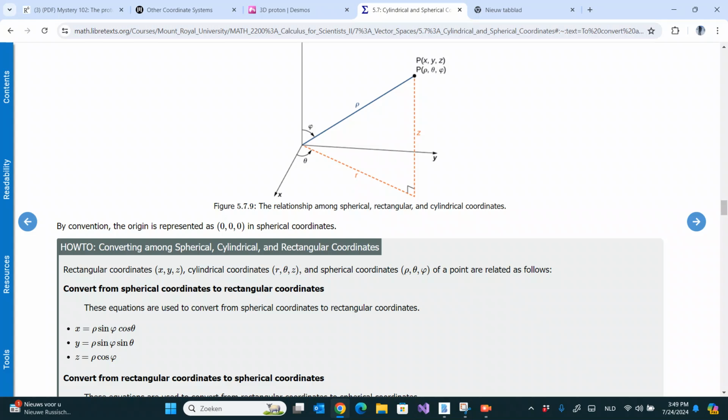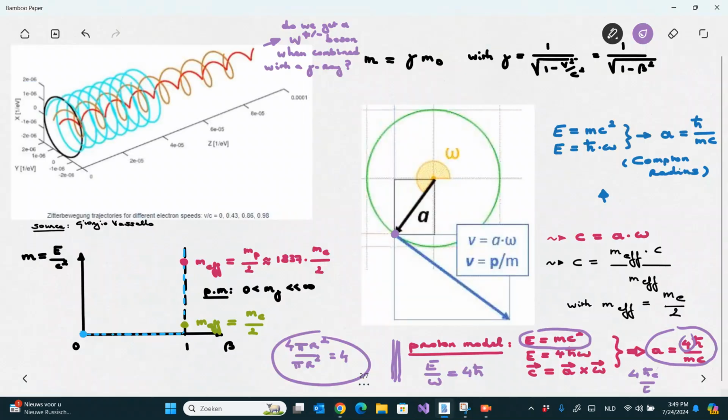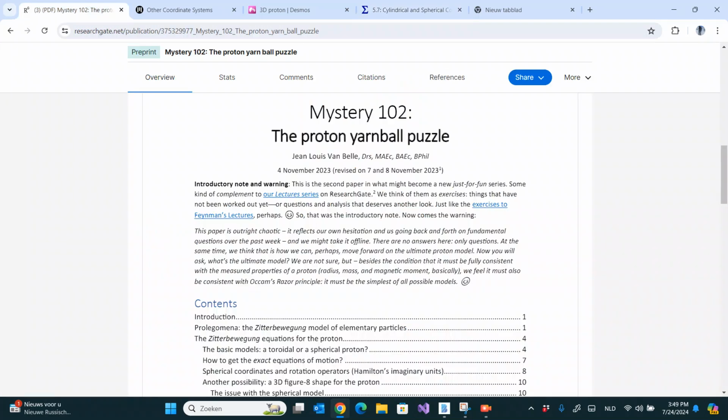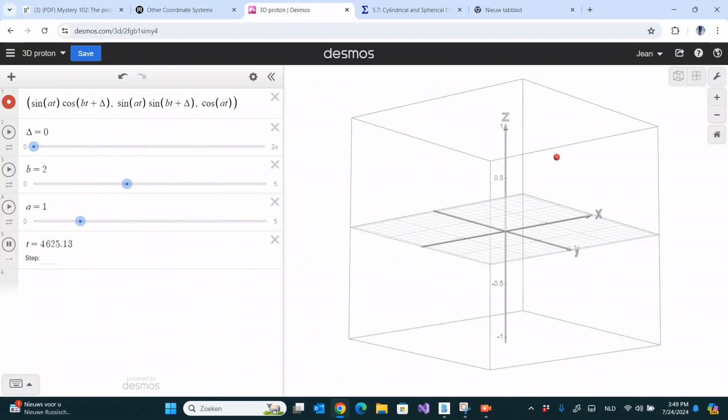Or from LibreTexts, you have that. Now the thing is, I really tried to do that in that paper, and analytically, it's not so easy, and I will explain in a moment.